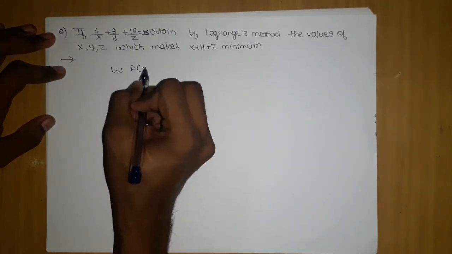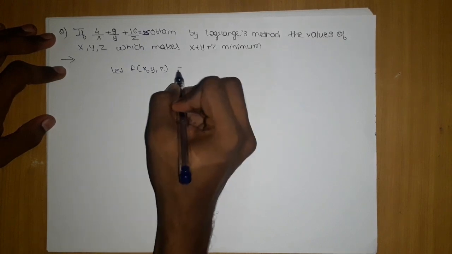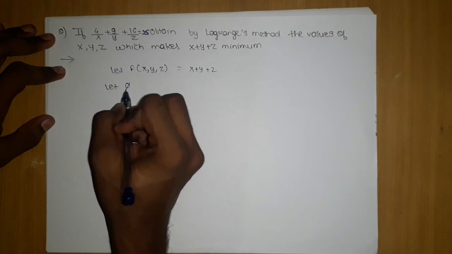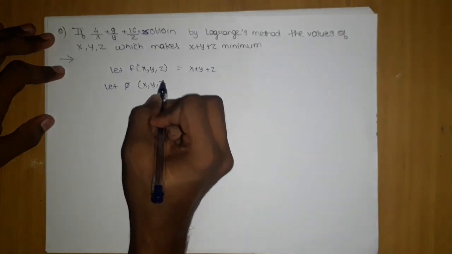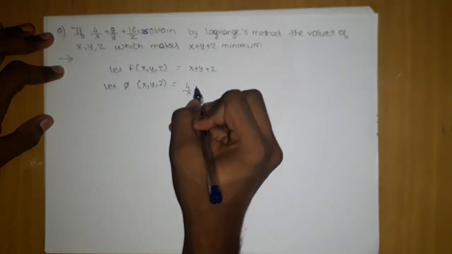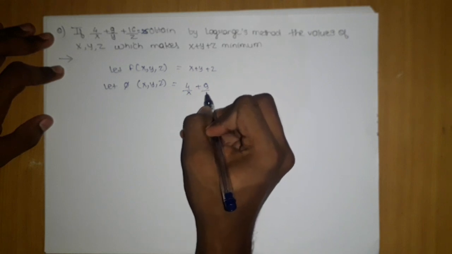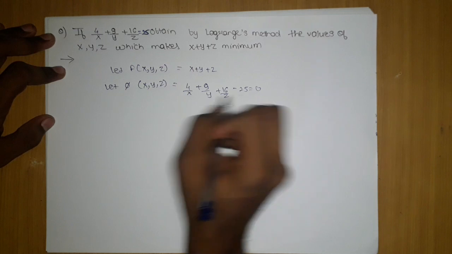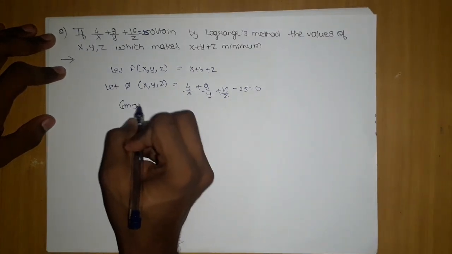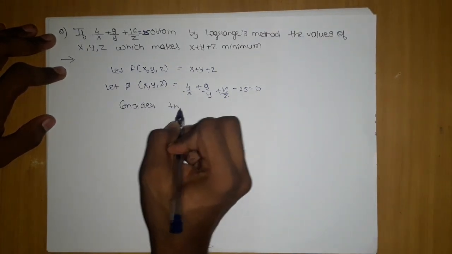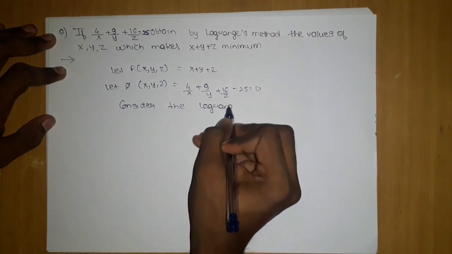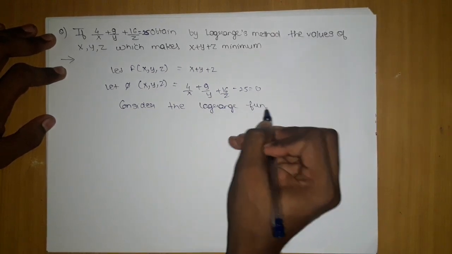Let f of x, y, z be x plus y plus z. Let phi x, y, z be 4 by x plus 9 by y plus 16 by z minus 25 equal to 0. Consider the Lagrange function.